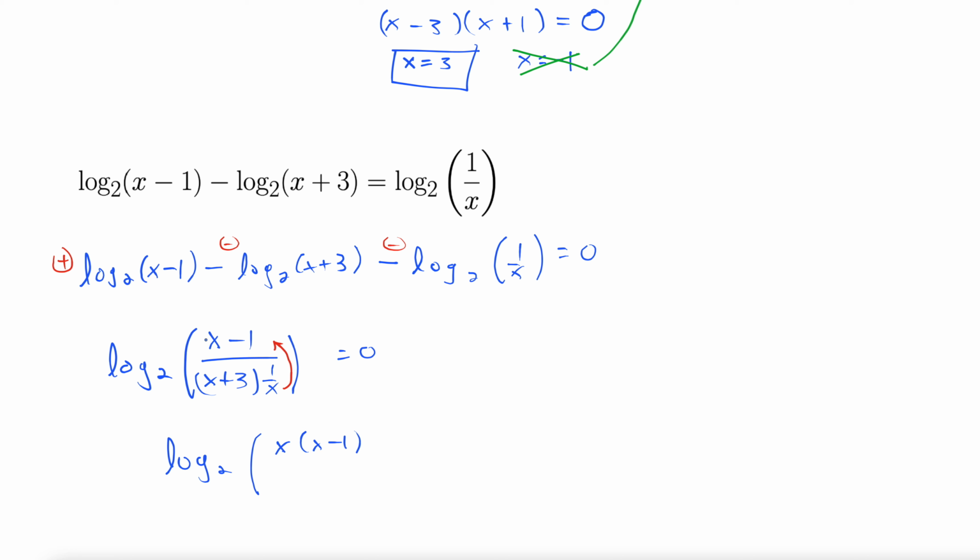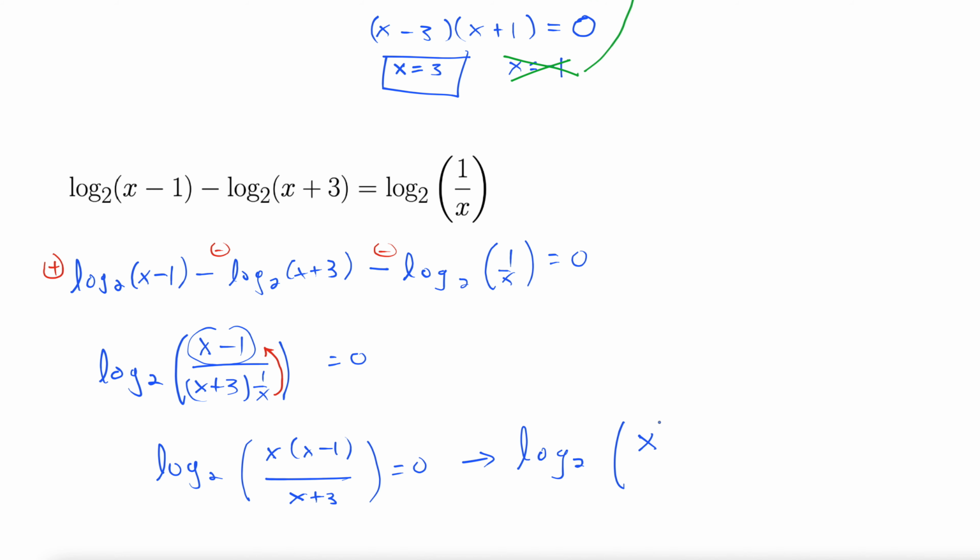It gets multiplied to this whole term up here, all over x plus 3 equals 0. Where can we go with this? Look at this. Log base 2 of x squared minus x over x plus 3 equals 0. I just distributed this x through to both terms.